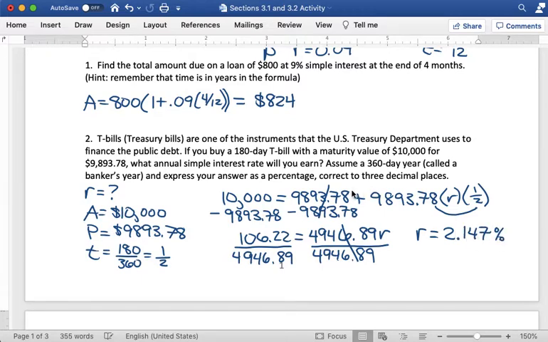So when they say correct to 3 decimal places, what they mean is 3 decimal places after you've converted it to a percent. So on my calculator, this is going to give me this. And then I'm going to move the decimal point 2 places or multiply by 100 to get the percentage. And then the percentage needs 3 digits after the decimal point. So that would be my answer.